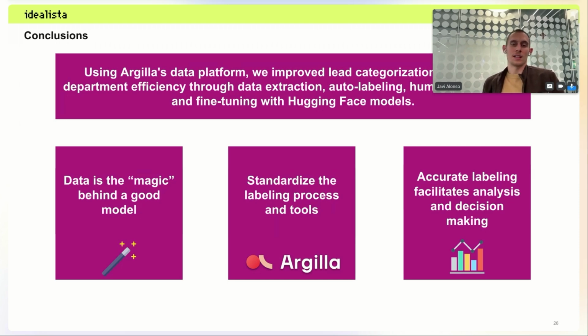And three final conclusions. They are personal, but they are also my advice. If you are a data scientist or you are working with data, don't forget that data is the magic behind a good model. If the data that you are using is not good enough, if it is not well validated, a lot of problems are going to arise.